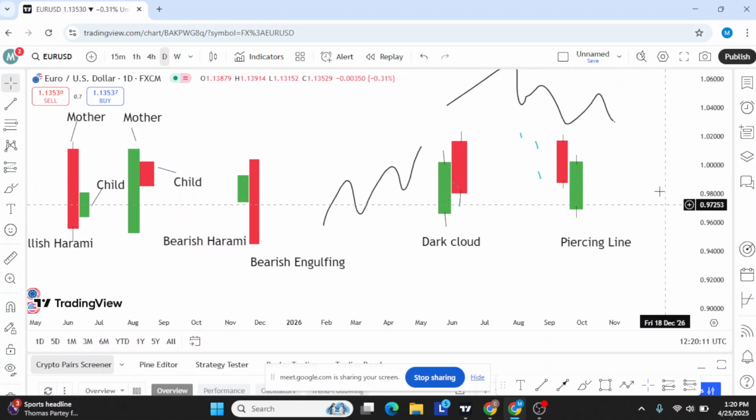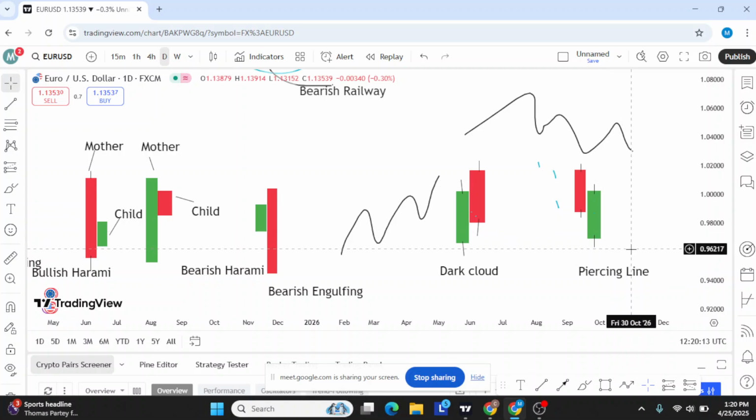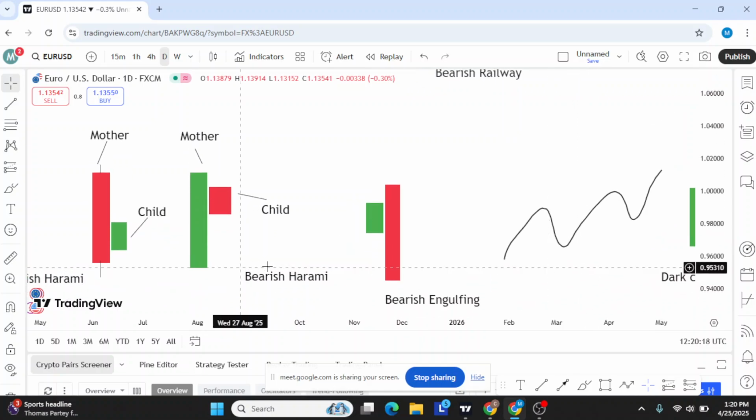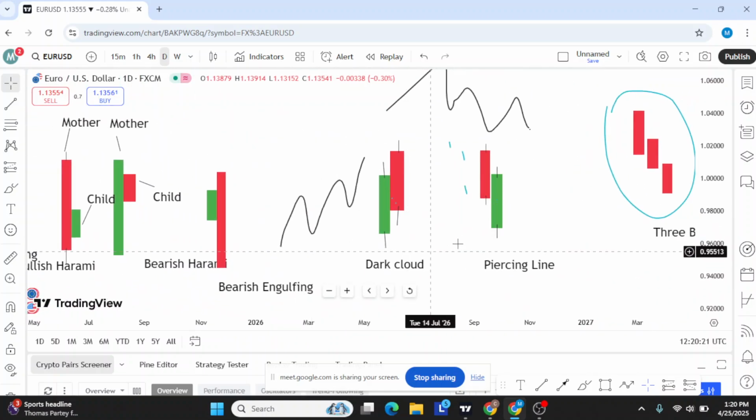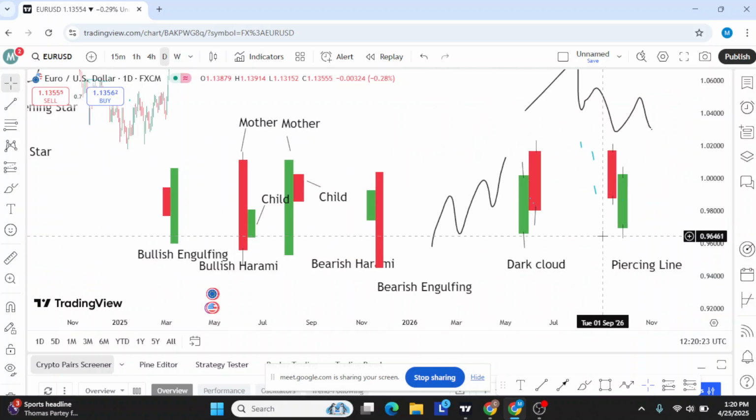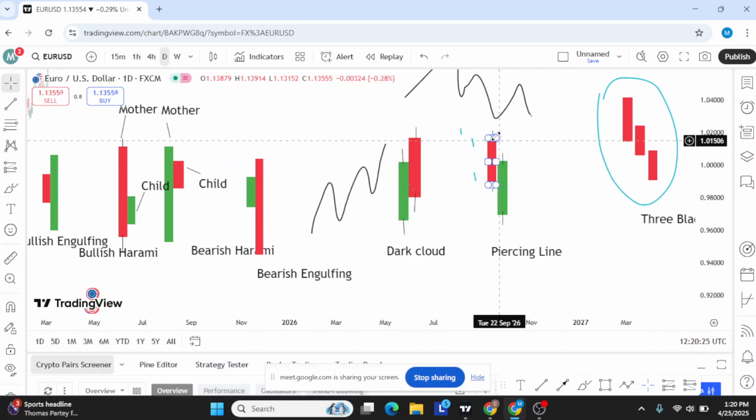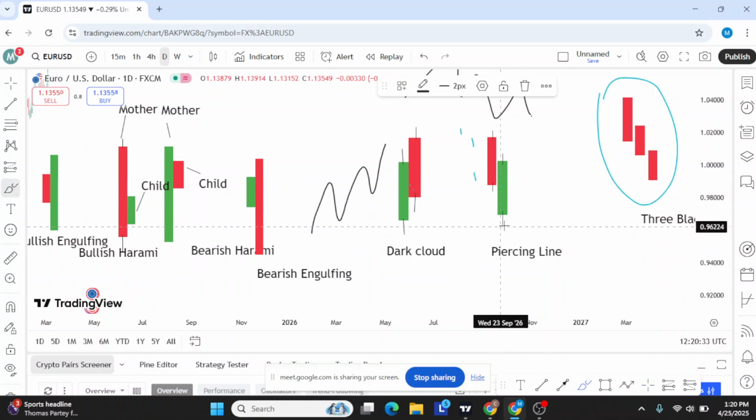With the piercing line, this is a bearish scenario. We're in a place where we want to anticipate buying the market, and we spot the piercing line. It is trying to let us understand that the sellers tried to push the price down to this lowest point. But unfortunately, when this market closes, it closes above the 50% of this bearish candle.